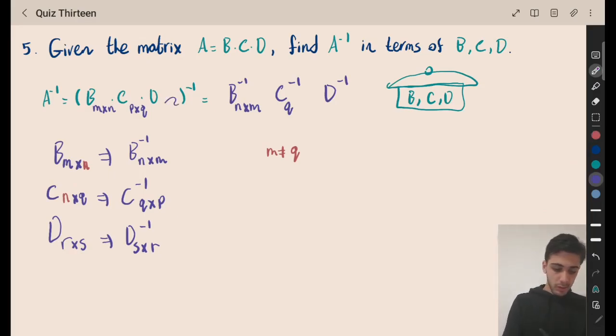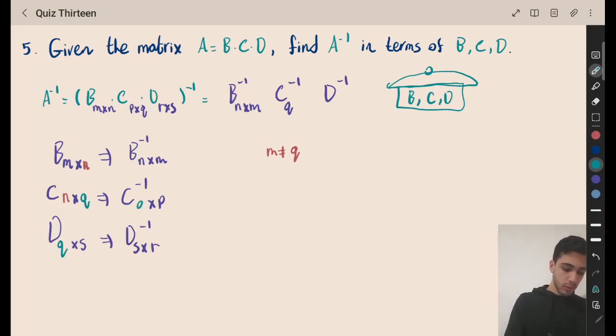And with the same logic, D is some R times S matrix. The output needs to match the input. So Q is, with 100% probability, equal to R. I could just write Q, because why not?